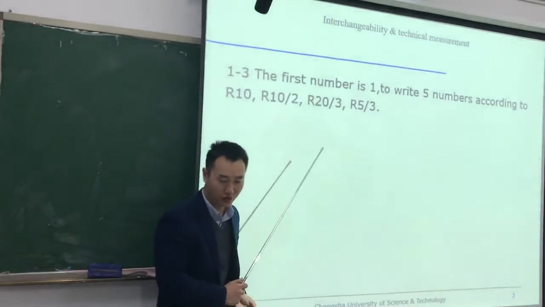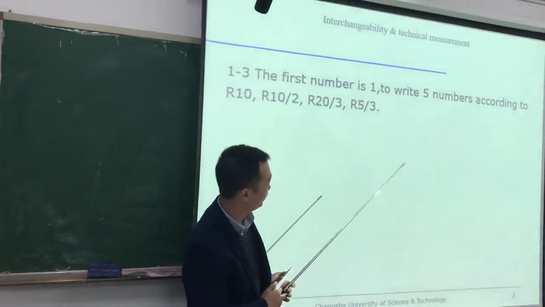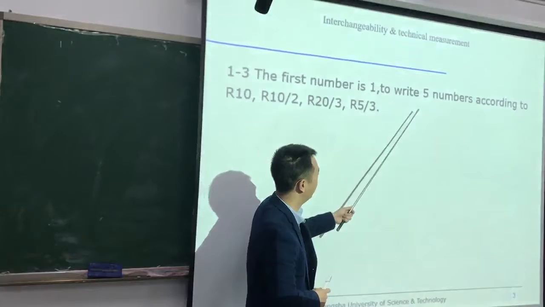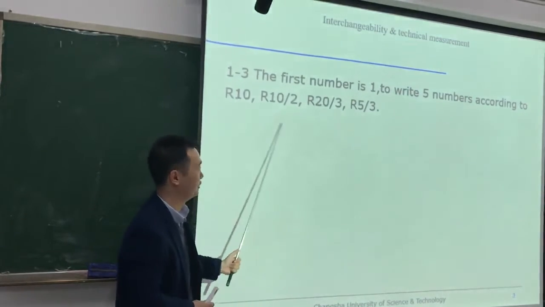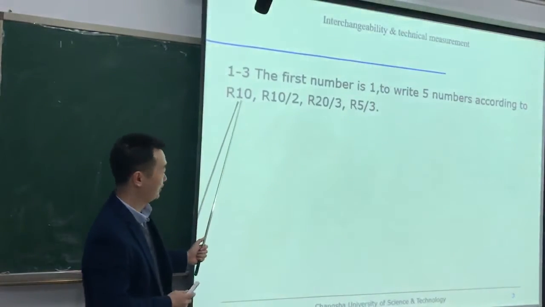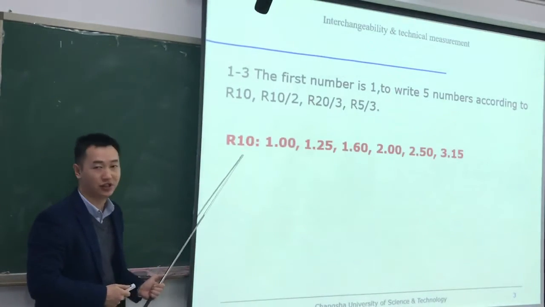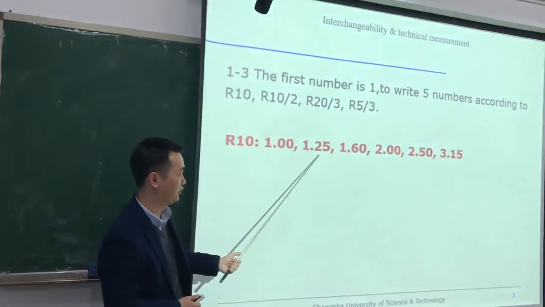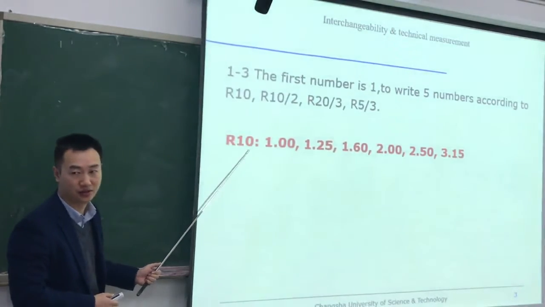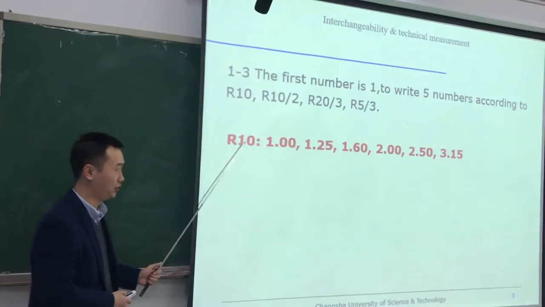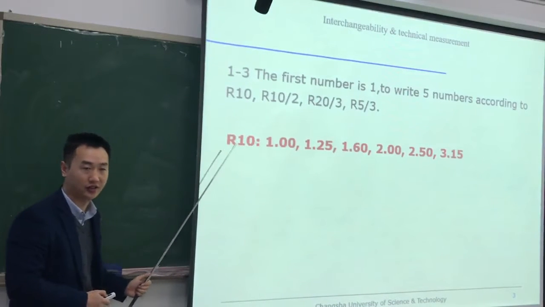For exercise 3, the first number is 1, write the 5 numbers according to these 4 series. For R10, you can just find the answers according to the table. You can directly get the answer, so you need to check if you got the right answers.